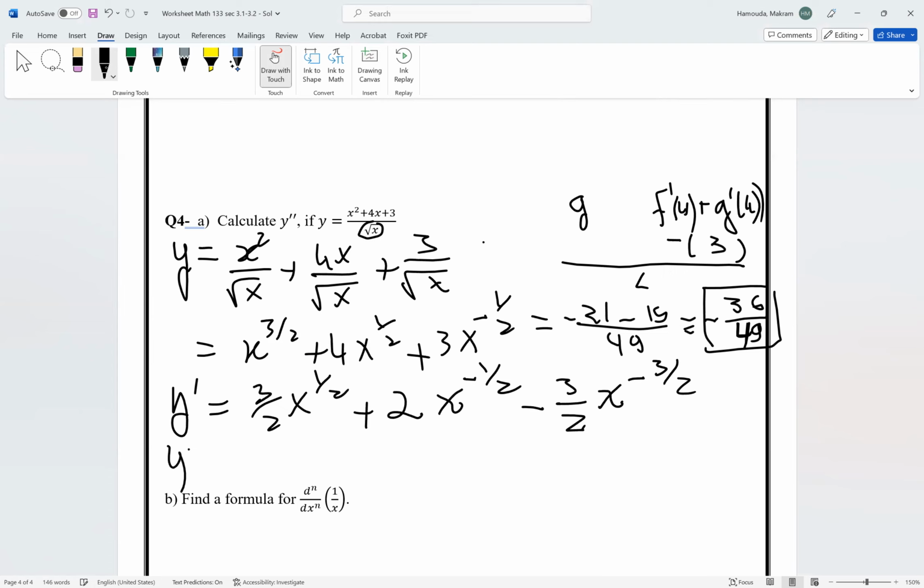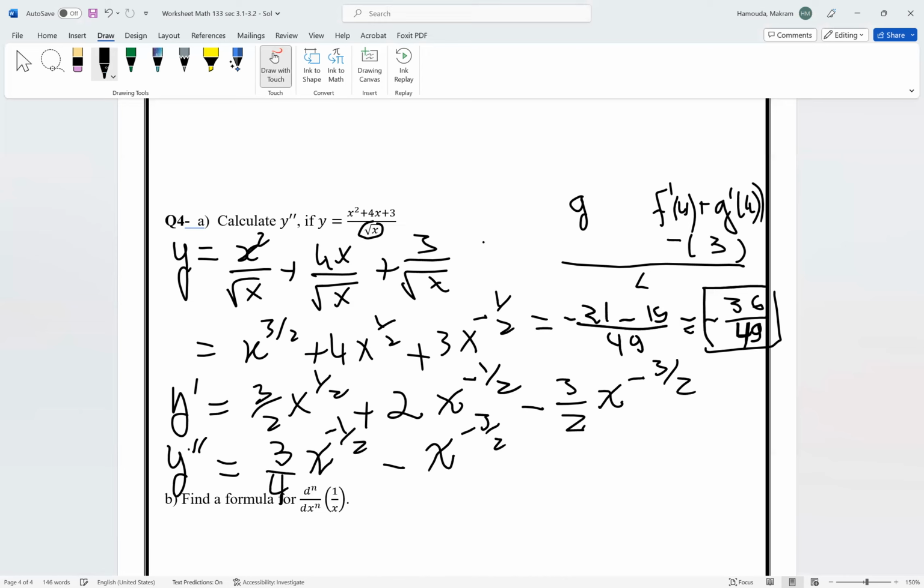Then the second derivative, now it becomes easy also, but be careful to multiply the powers. So 3 over 2 times half, that means 3 over 4. Don't make a mistake in this computation. X power half minus 1, that's minus half. Plus 2 times minus half, that's minus 1, and I will not write the 1, x power minus half minus 1, minus 3 over 2.